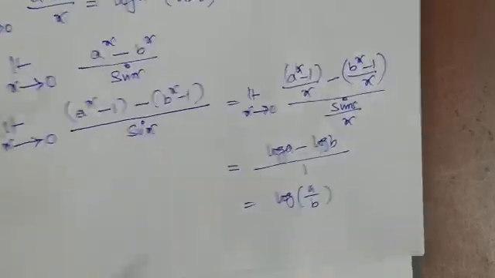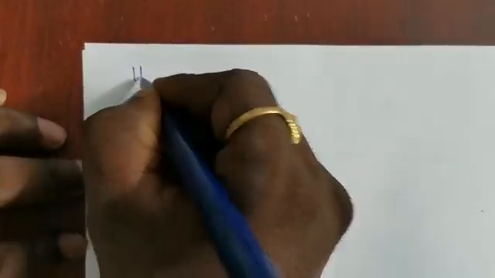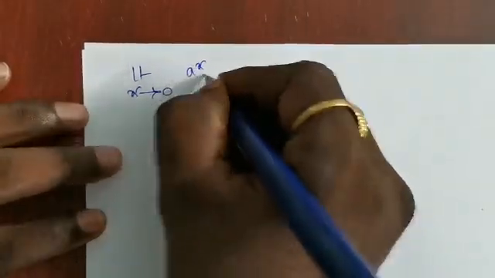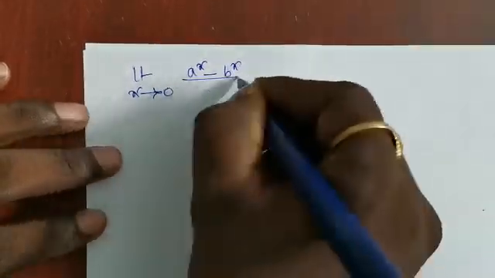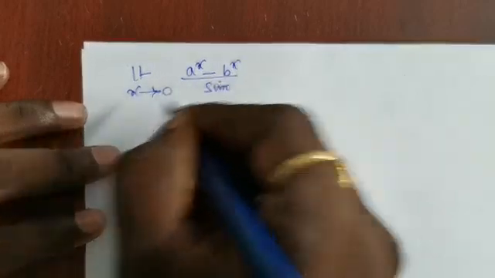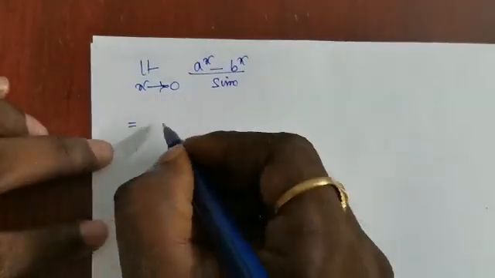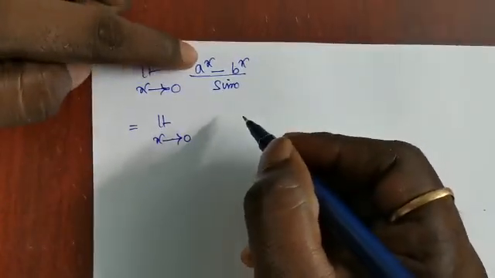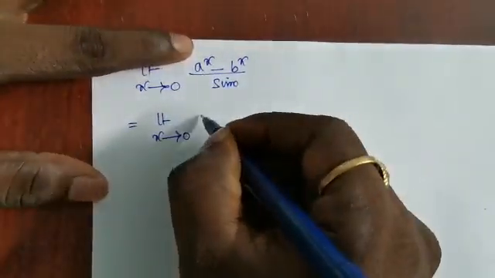Suppose if you take L'Hopital rule, see what happens. For the same problem, limit x tends to 0, a power x minus b power x by sin x. By using L'Hopital, what is L'Hopital rule? That is f dash of x by g dash of x. Derivative of a power x is what?